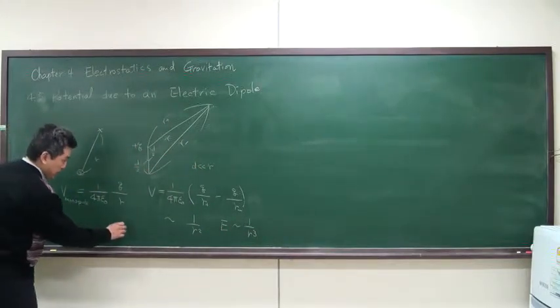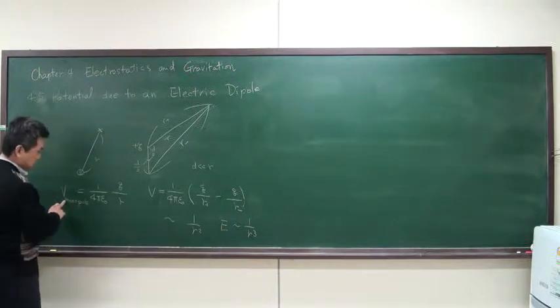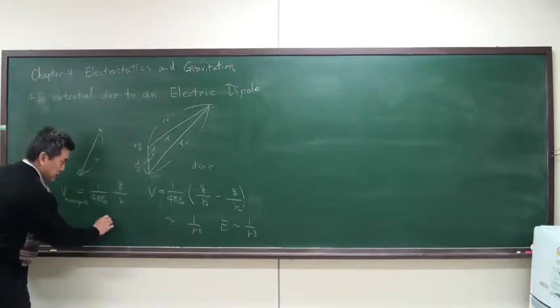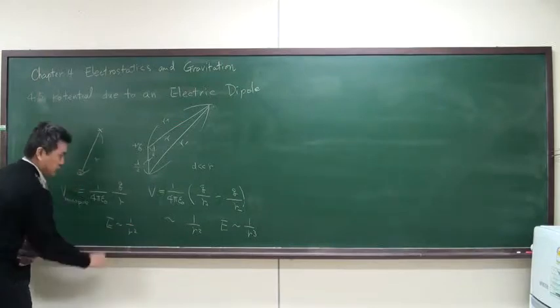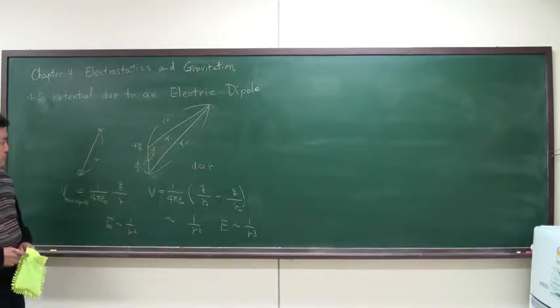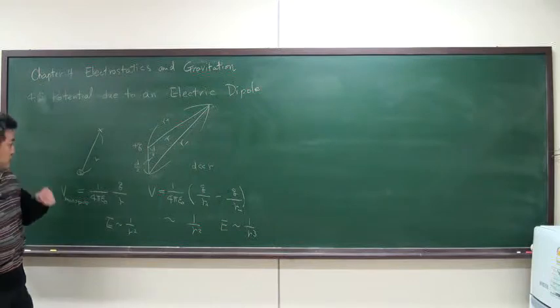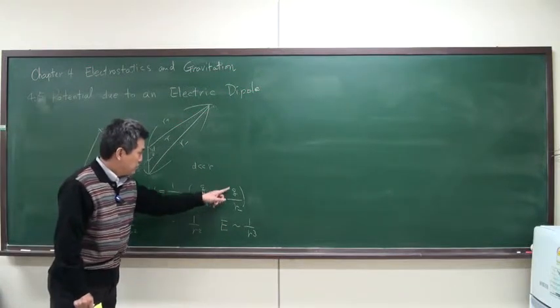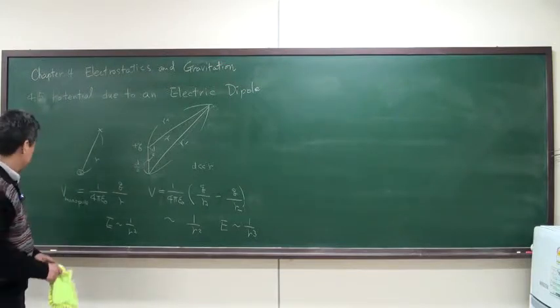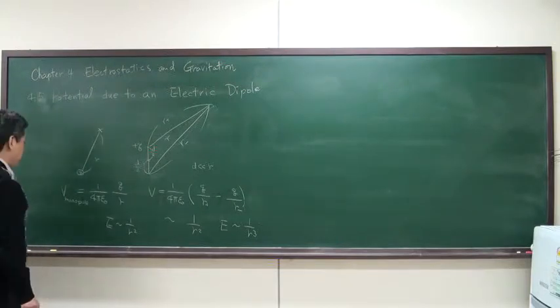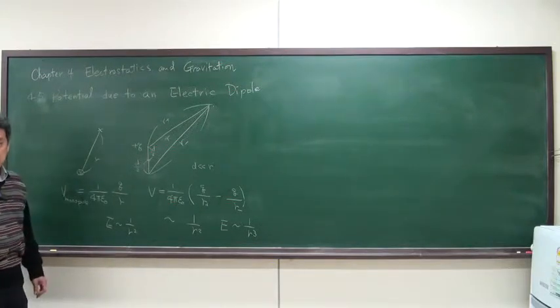In the monopole case, potential is 1 over R and electric field is 1 over R squared. It follows the inverse square law. Because this charge can be negative, it's possible. But what happens if I have mass?